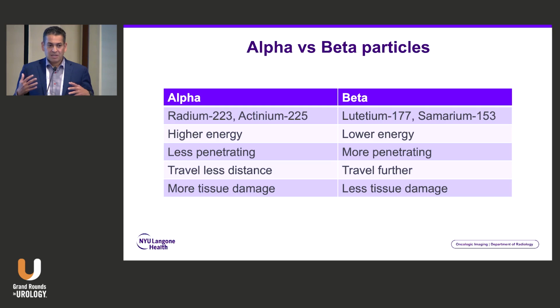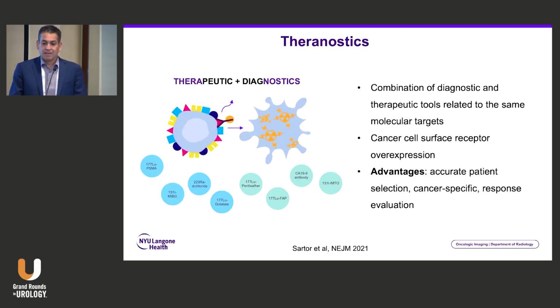So the decision to develop a theranostics agent is variable and multifactorial. Part of that discussion is whether it decays through the emission of alpha or beta particles, but that's not the solitary point to consider in that respect.